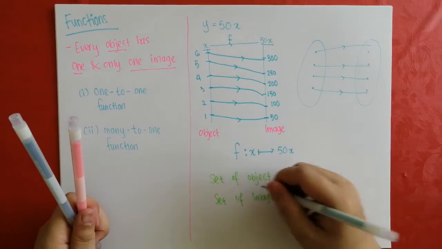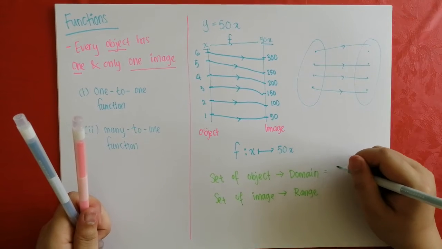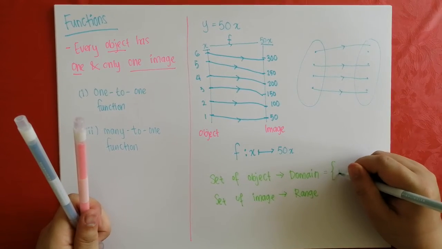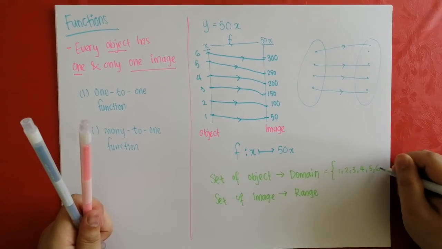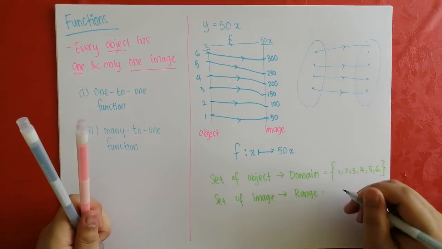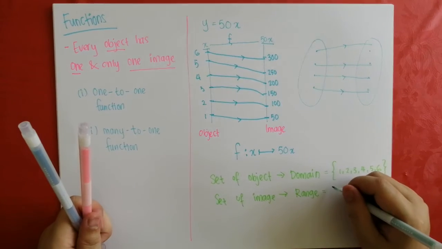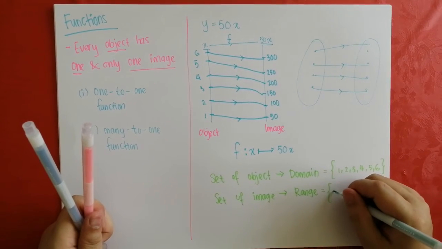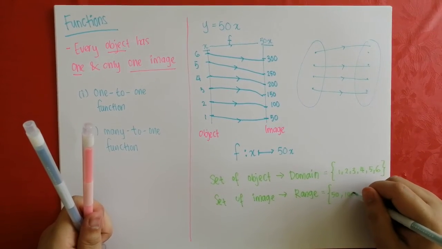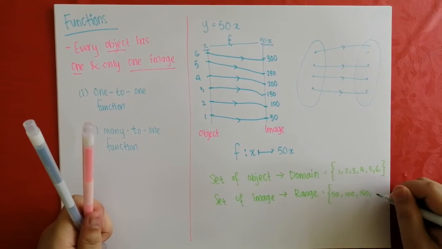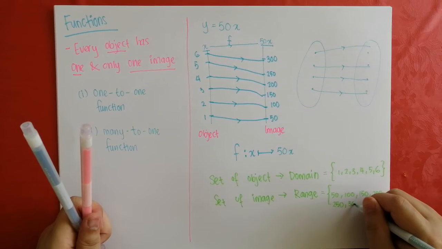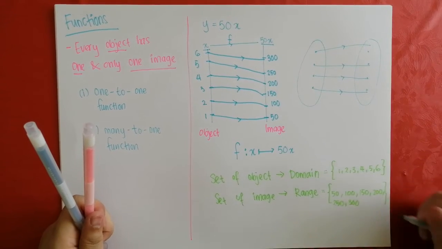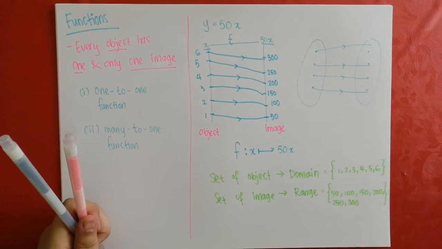If you want to write the set of objects, we write it in curly brackets: 1, 2, 3, 4, 5 and 6. All the set of images, or the range, will be written in curly brackets: 50, 100, 150, 200, 250, and 300. Make sure you write them in curly brackets.